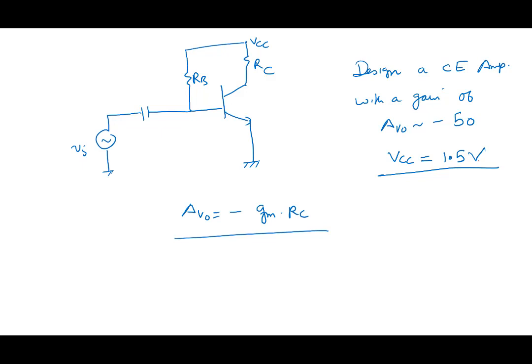Would you be able to do it for him? He says, give me an open circuit voltage gain of minus 50, but I can only run my amplifier on a 1.5 volt pencil cell. Do you think you can design this amplifier for that person?